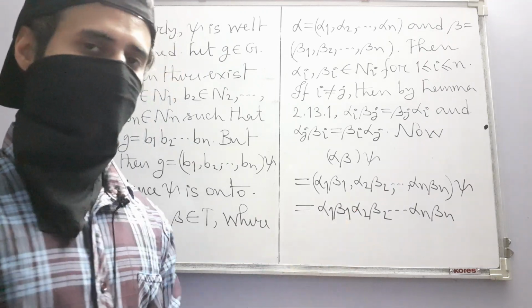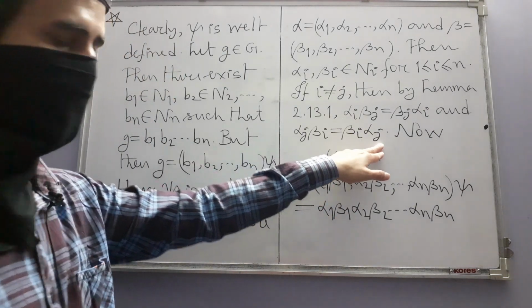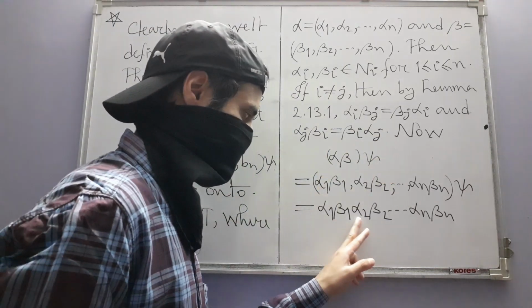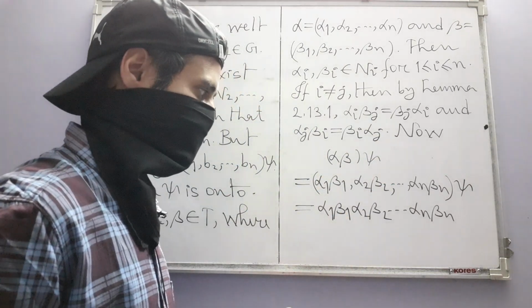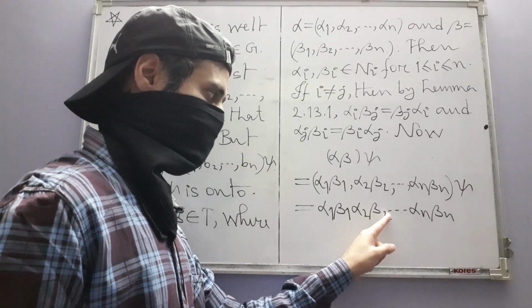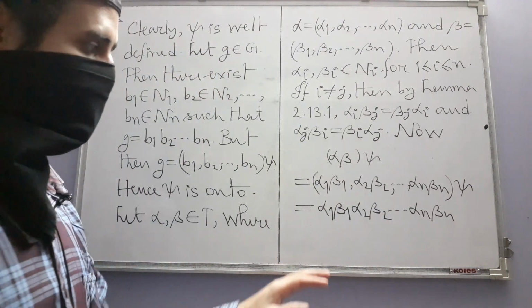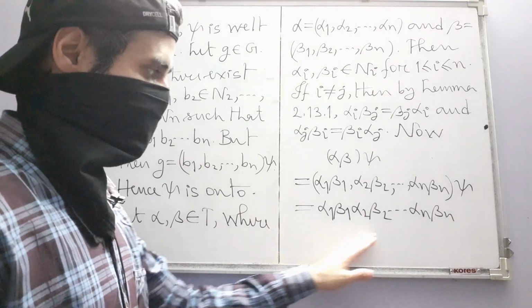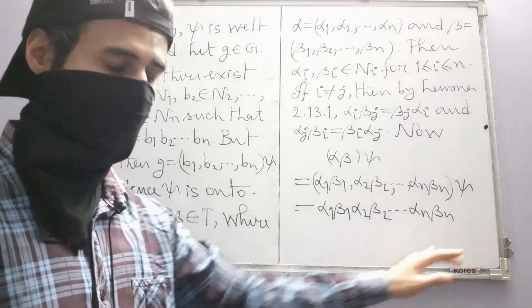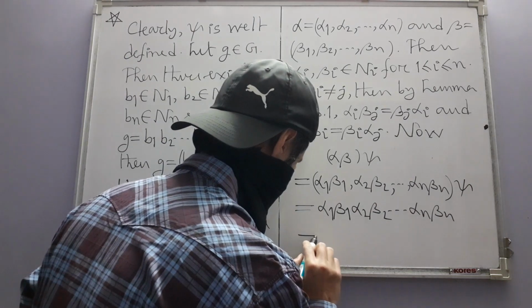You can flip this because of these commuting relations. You can write here alpha 2 beta 1, and there beside beta 2 you have alpha 3, that also you can flip. So after a sufficient number of flips, eventually you are going to get this.